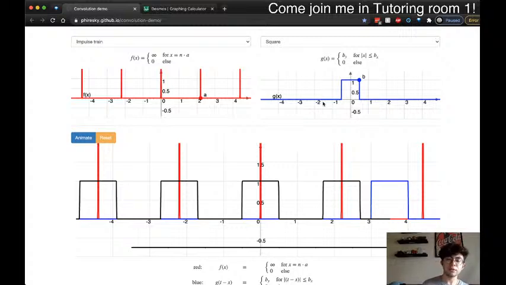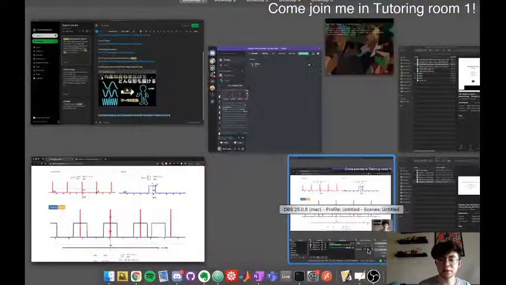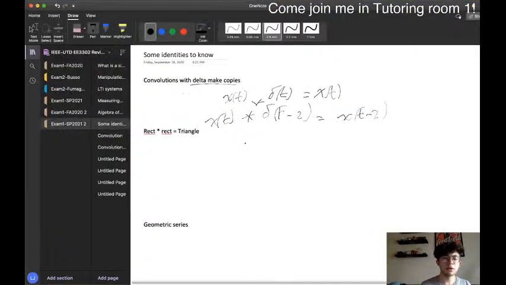This is essentially what we get no matter if we had one of these or many of them, because of linearity. But yeah, we get copies. Let me go back over to OneNote.